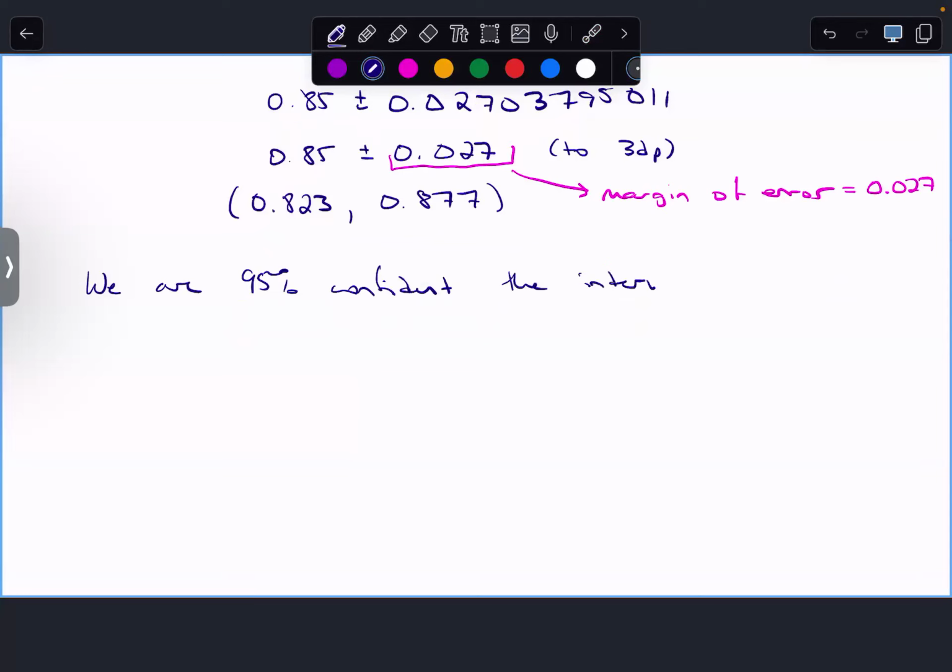The interval from 0.823 to 0.877 captures.